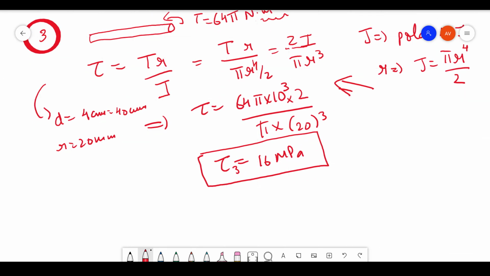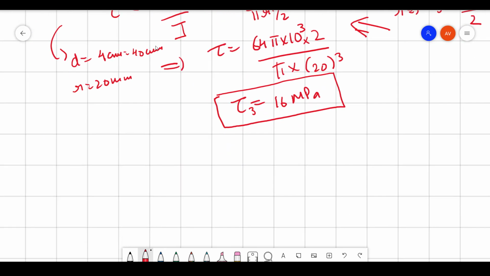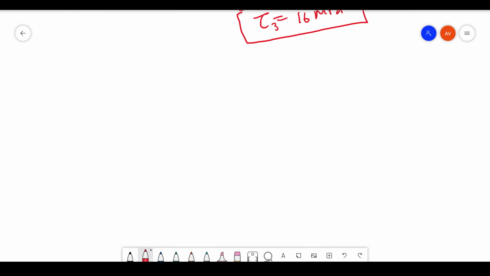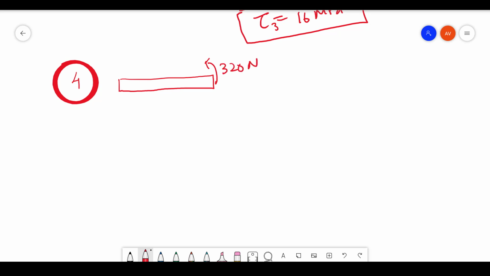Now let's go to the fourth case. Again you are getting some bending, with 320 Newton meter. And here the area is again 40 by 40 mm bars.